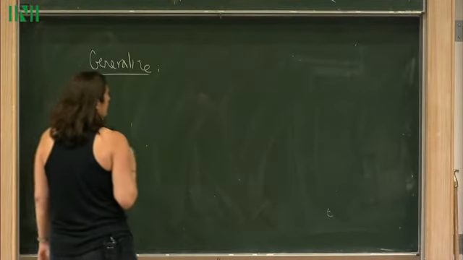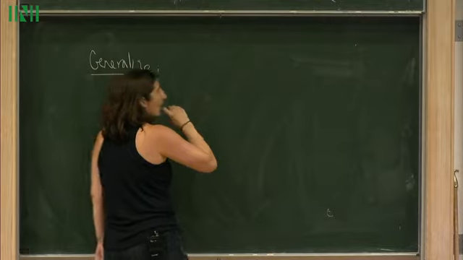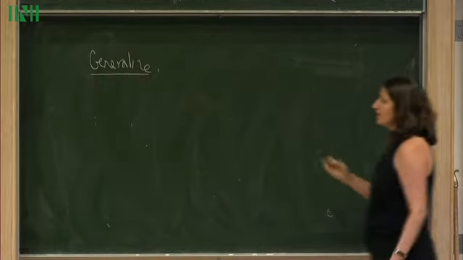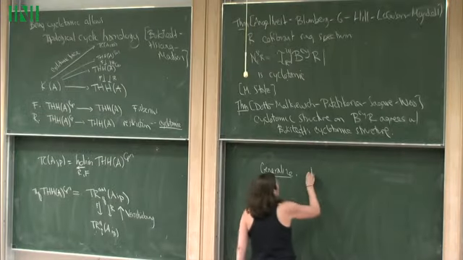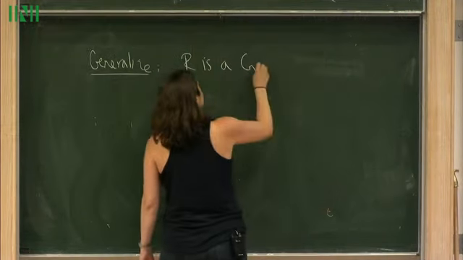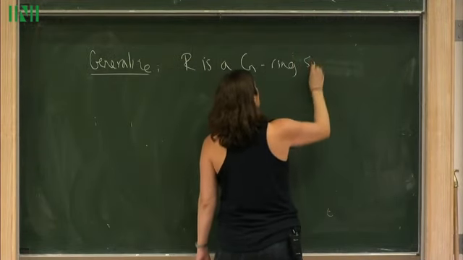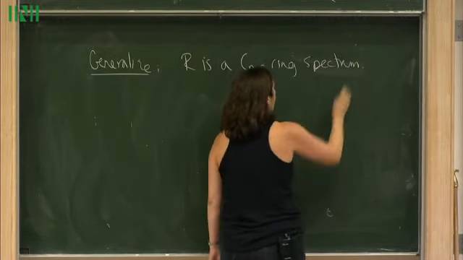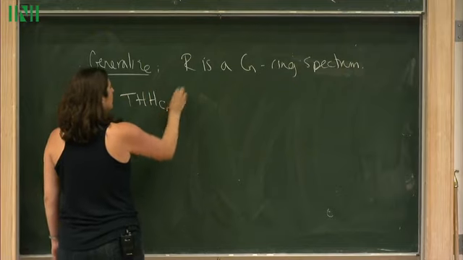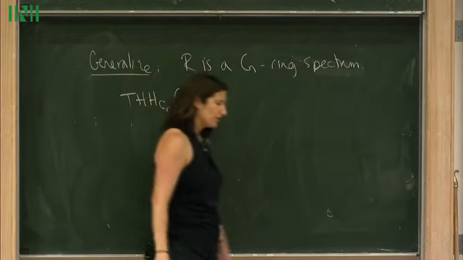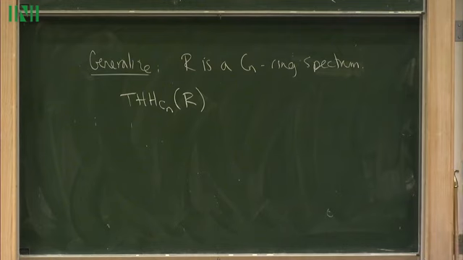So I'm going to generalize topological Hochschild homology in the following way. THH was something that we could feed any ring spectrum. Now I'm going to look at a version where R is a C_n-equivariant ring spectrum, and I want to define a C_n-relative version of topological Hochschild homology. So what should this thing be?